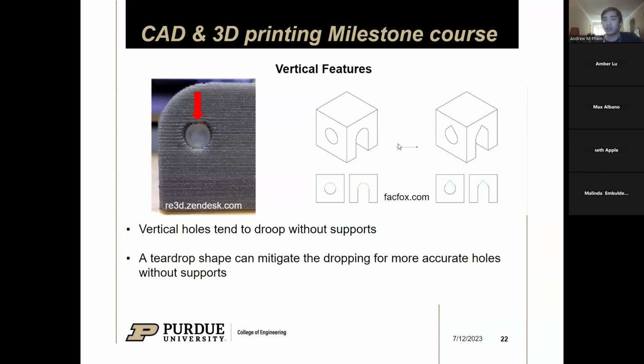So if you go into Fusion and you make it, these two lines are equal length. I usually set them to be perpendicular, and then I make sure the top of the teardrop is aligned vertically with the center of the hole.